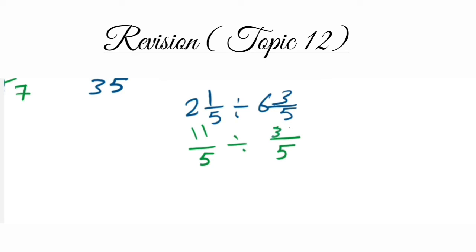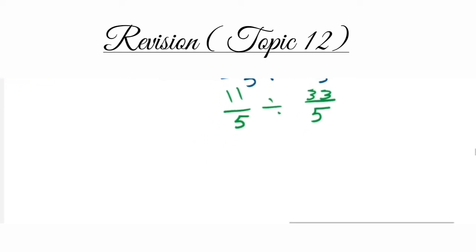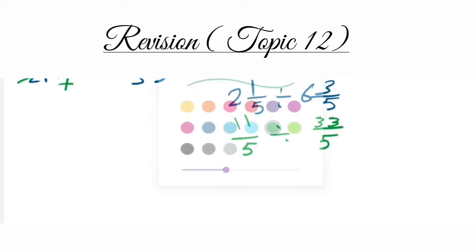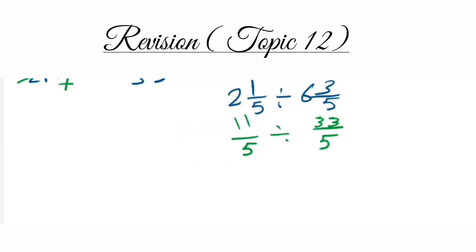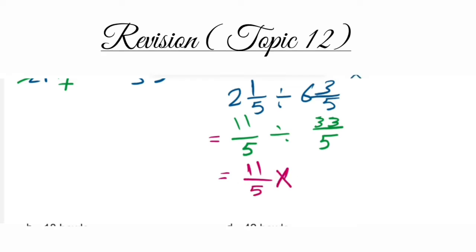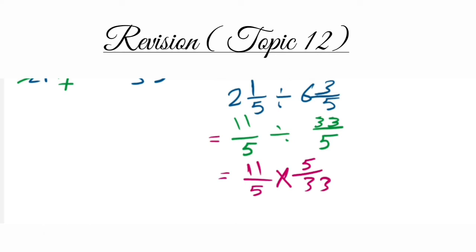After that, start dividing. We have the dividend. Change division into multiplication and get the reciprocal of the divisor. Simplify if you can. So 5 divided by 5 is 1, and also 5 divided by 5 is 1.